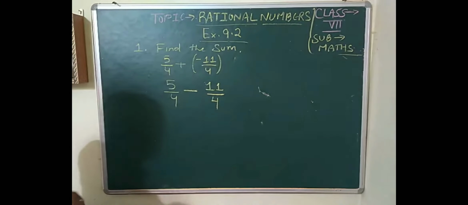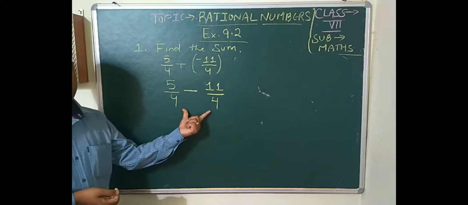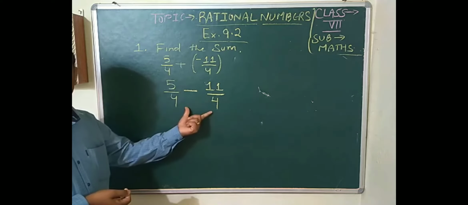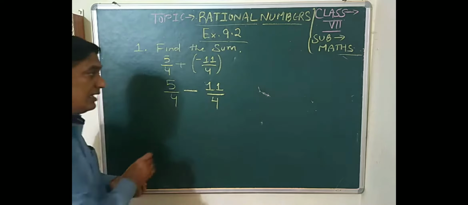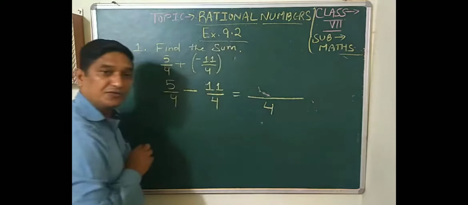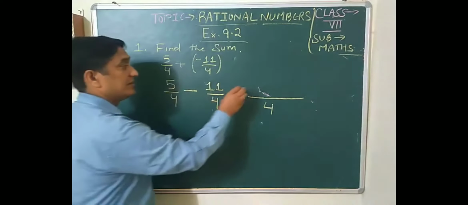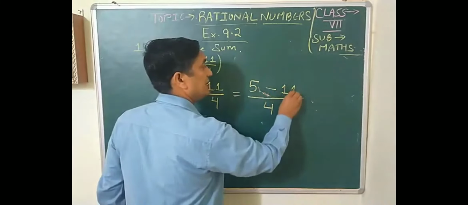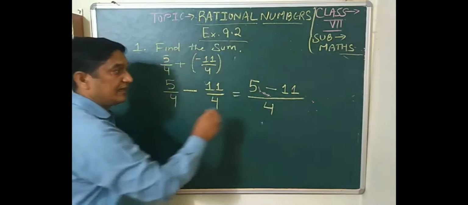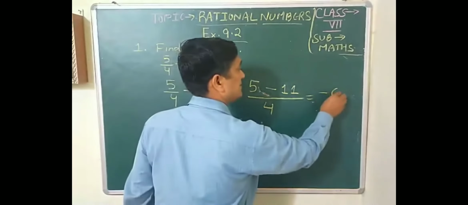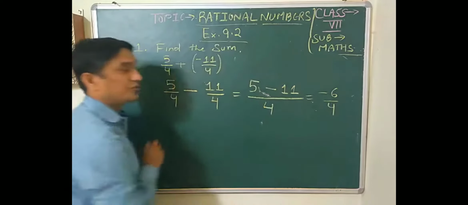Now children, you will check their denominators. Here the denominators are 4 and 4. We have the same denominator. If the denominator is the same, we write the denominator once, that is 4, and the numerators 5 and minus 11. Then it becomes 5 minus 11 is minus 6 upon 4.